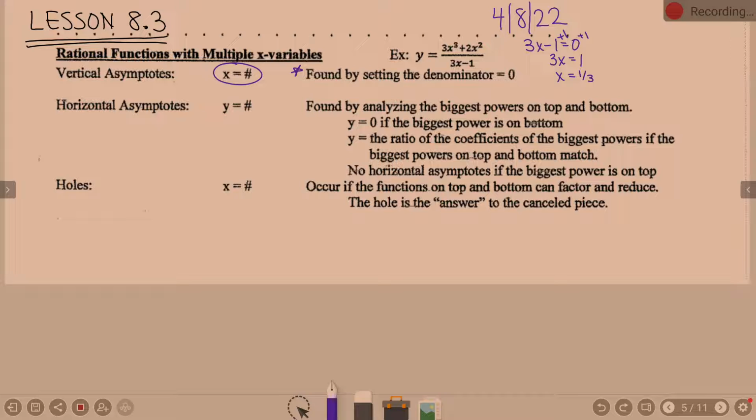And x is 1/3. That x equals 1/3 is an example of a vertical asymptote. Okay? A vertical asymptote doesn't have to be at a whole number. It's at a fraction in this case, and that's okay. So that's an example of how you find a vertical asymptote.